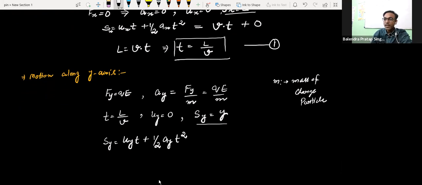All the quantities you know: uy, ay, t. You just have to substitute all these values in this equation and find the answer. Now try to find the answer.